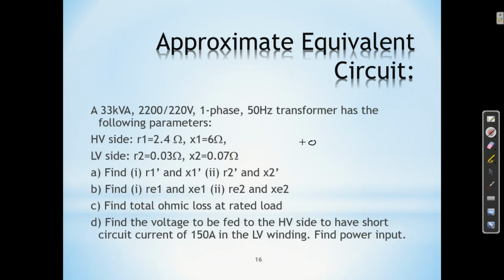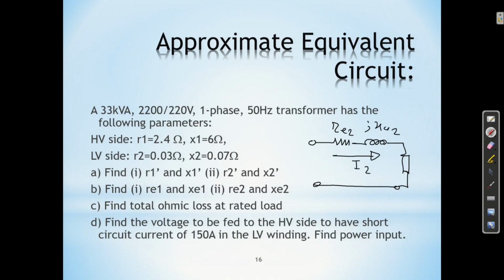Suppose this is my RE2, this is my XE2, and some rated load is considered, and this I2 is the rated current. So what is the total loss? I2 square times RE2, you can calculate.